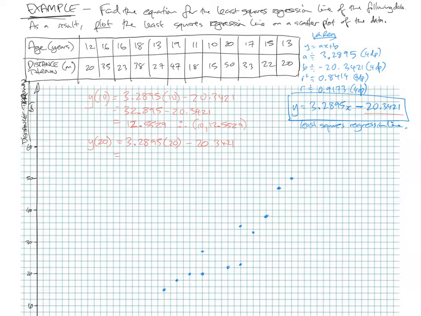That comes to 45.4479. So my other point is 20, 45.4479. So I can plot these now.